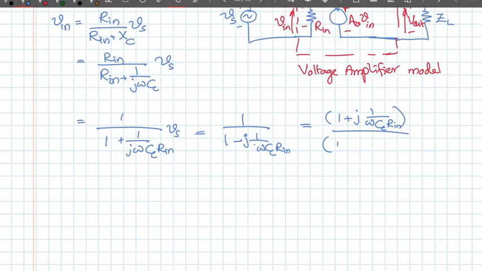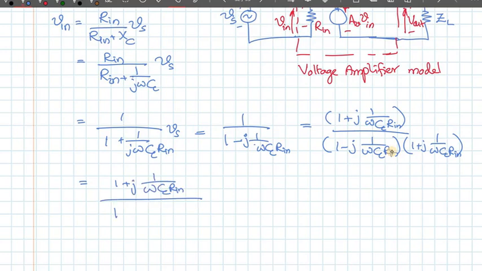So you will have 1 minus j 1 over omega Cc R in times 1 plus j 1 over omega Cc R in. This is like 1 minus x times 1 plus x, so this is 1 minus x squared. So you have 1 plus j 1 over omega Cc R in divided by 1 minus this whole term squared.